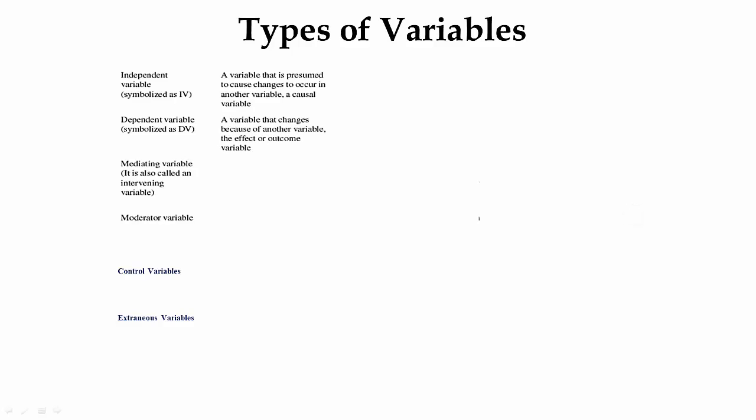The dependent variable is that one being affected by an independent variable. So, for example, you could argue that the amount of studying you do for a course affects test grades. The amount of studying is your independent variable, and the test grades is your dependent variable.